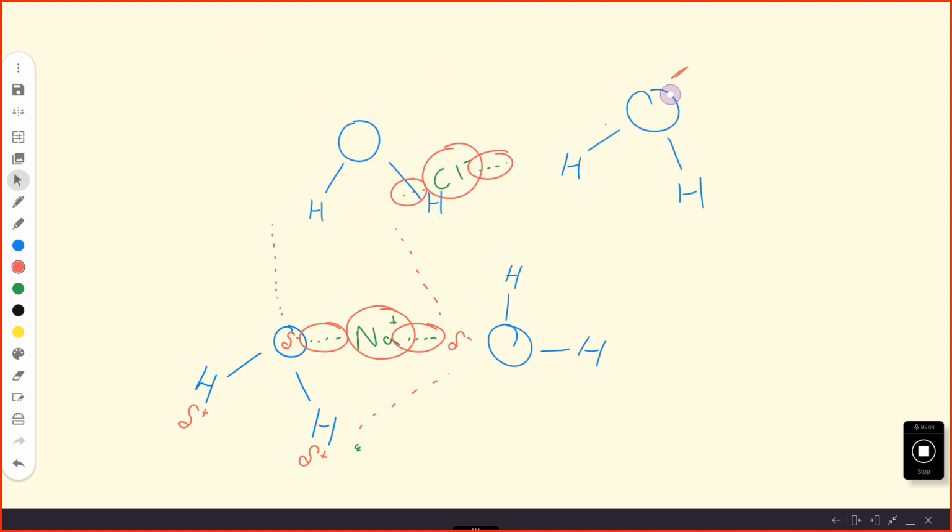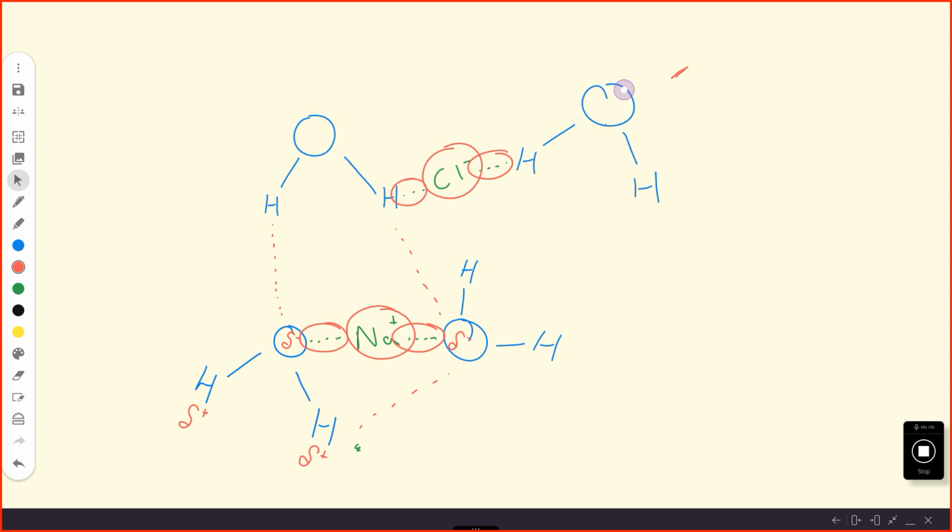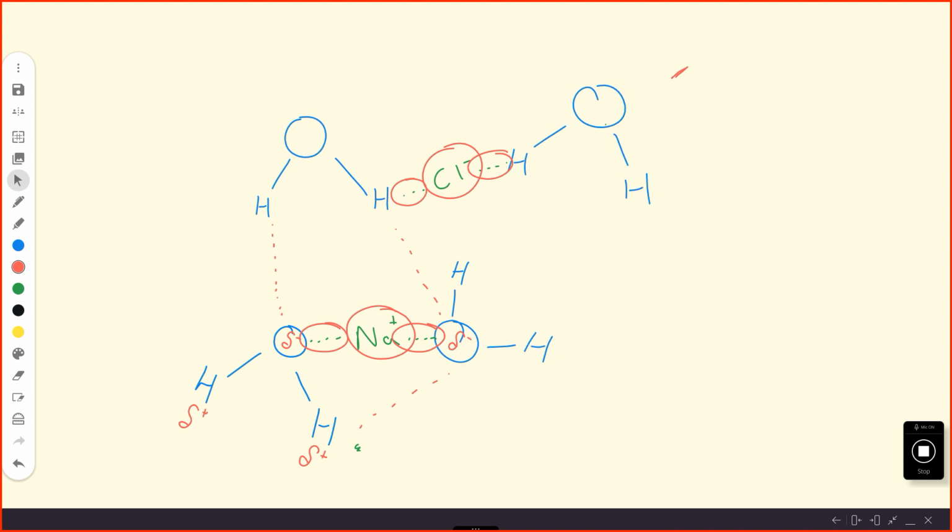And so if they need more energy, they increase the temperature until eventually they get enough energy that they can overcome the forces of attraction, not only of their hydrogen bonds, but also of their ion-molecule intermolecular forces.